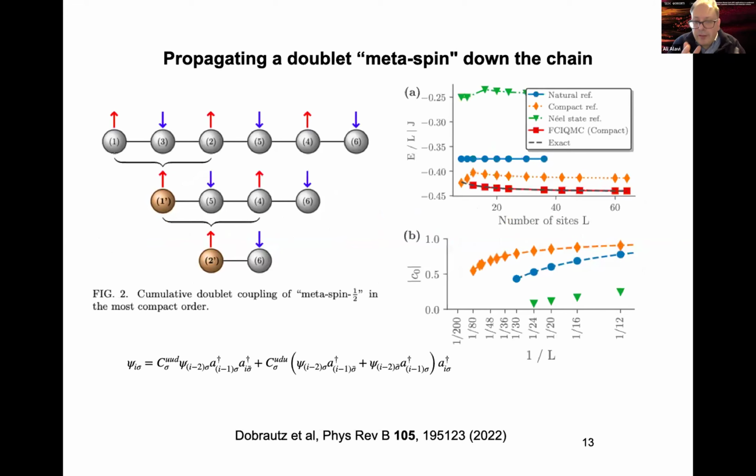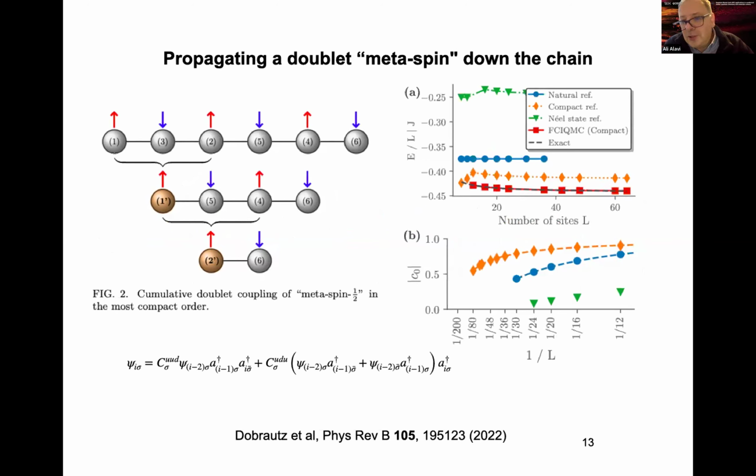It turns out that the orbital ordering that we need here is different to the orbital ordering that's needed in DMRG. In other words, if you take the optimal ordering that you get from, let's say, DMRG, it turns out not to be the most compact from this perspective and vice versa. So it's doing a different thing.